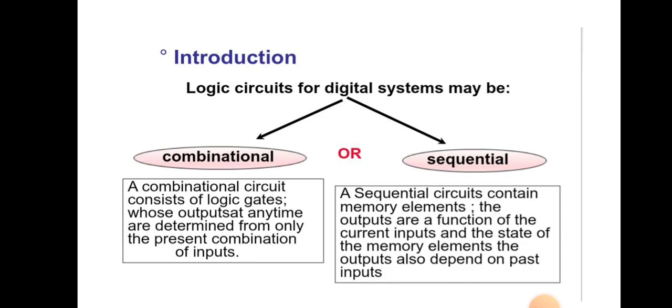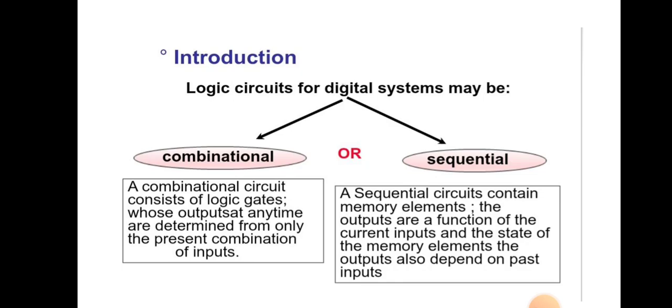So consider that in a circuit there are two stages. The output of the first stage can be stored in the memory element and used for the second stage. But there is no space for a memory element in a combinational circuit, while in a sequential circuit we can use the memory element.